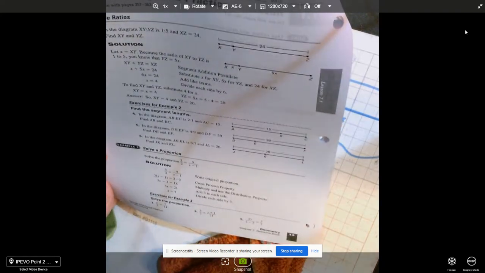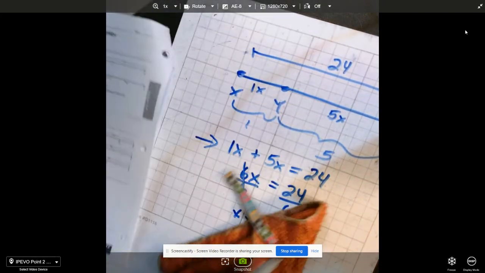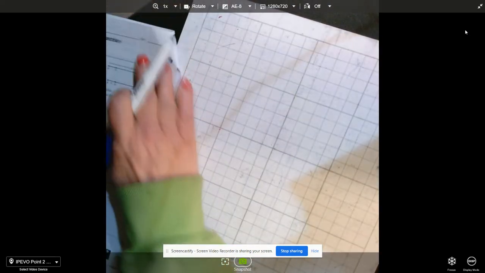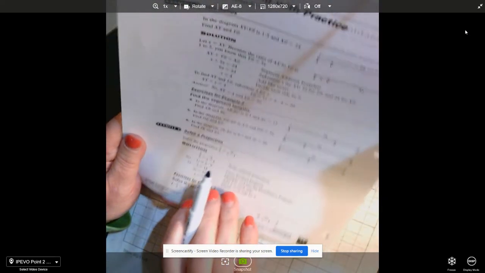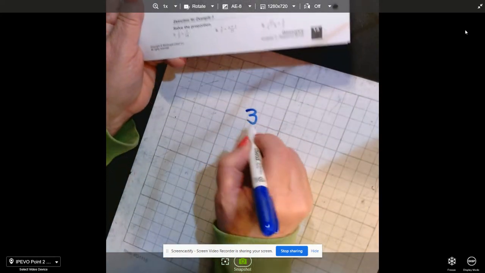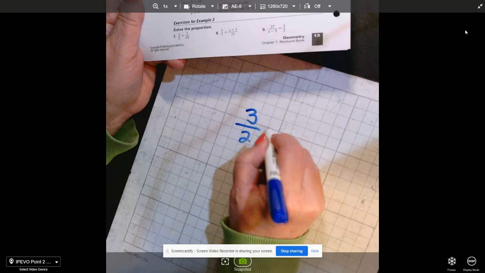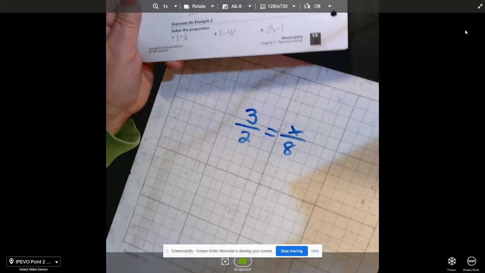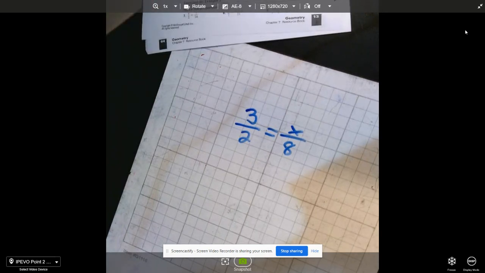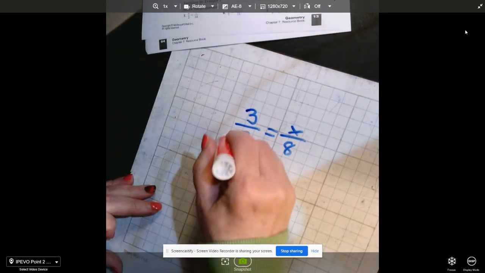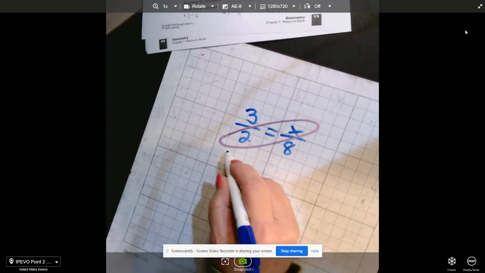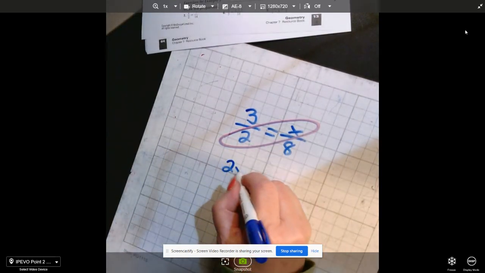And then I want to show you on the bottom here how you would cross multiply. There are two ways you can solve a proportion. You could do a simple proportion, like 3 over 2 equals x over 8, for instance. You can cross multiply. By cross multiplying, you take these two and multiply them together, so 2 times x gives me 2x.